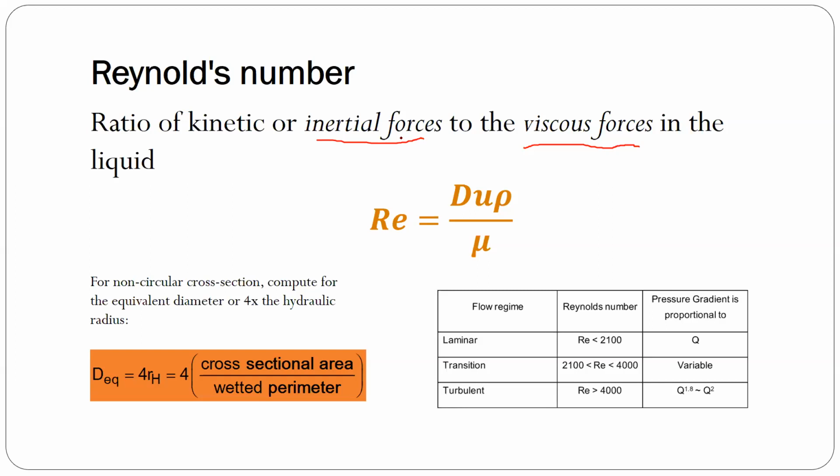On the other hand, pinipigilan naman nito ng viscous force. And of course, it's in the form of your viscosity. So the greater the viscosity, the tendency is that the fluid will not flow too much. So it's an interplay between these two forces. If the inertial forces are higher, magiging turbulent yung flow natin.